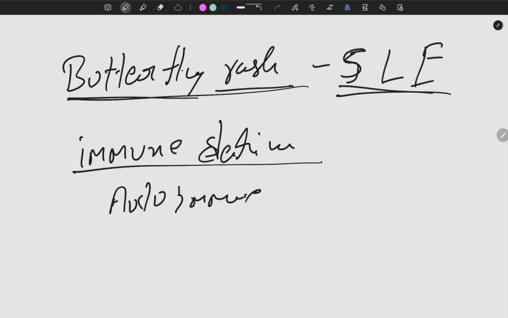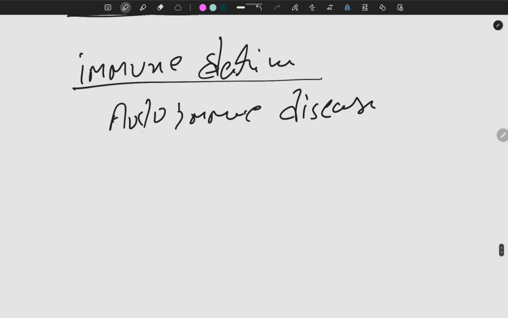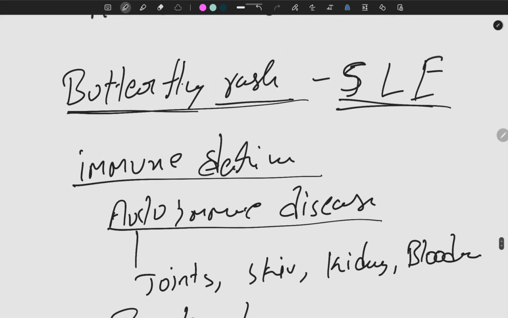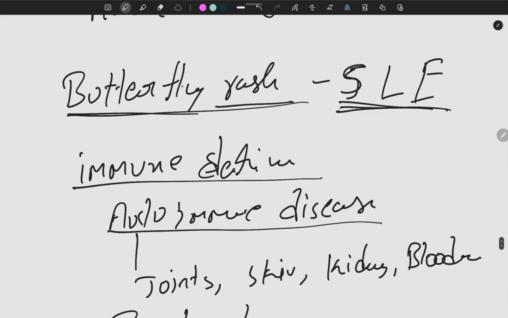So in this the mainly involved parts are joints, skin and kidneys and blood cells, brain, heart and lungs. So this is the autoimmune disease, that is systemic lupus erythematosus, and in this condition we can see the butterfly rash.